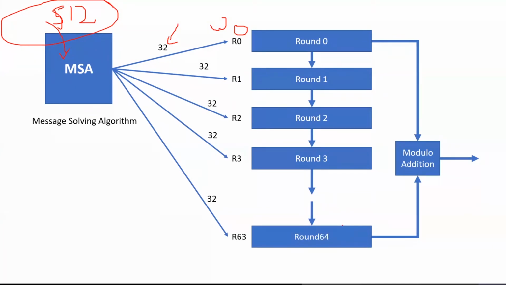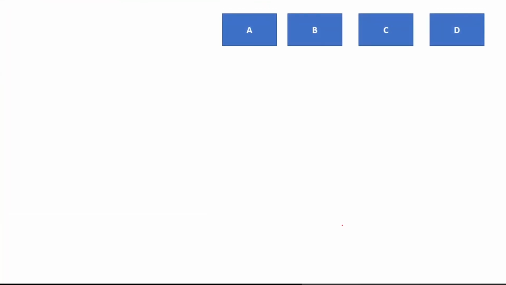Now we have to see what happens inside the rounds. We have our 4 buffers. Let us consider round 0.